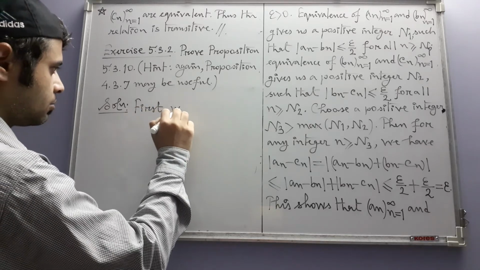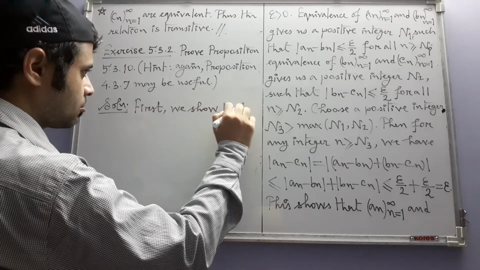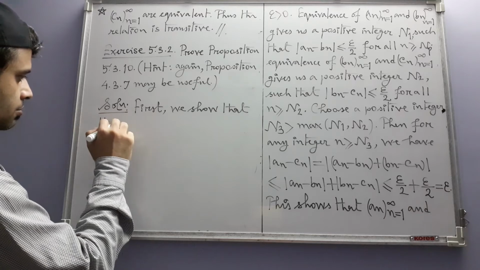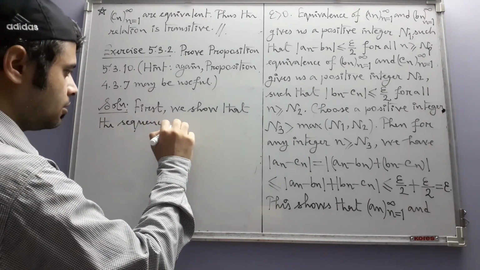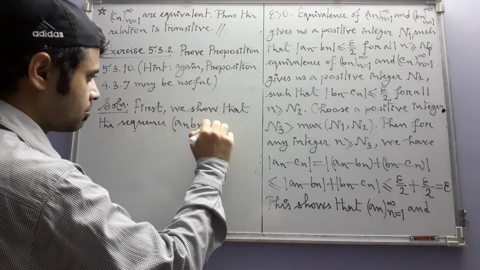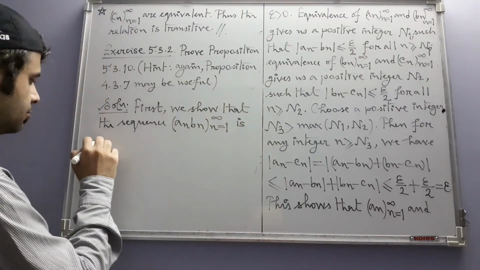First, we show that the sequence an bn is Cauchy.